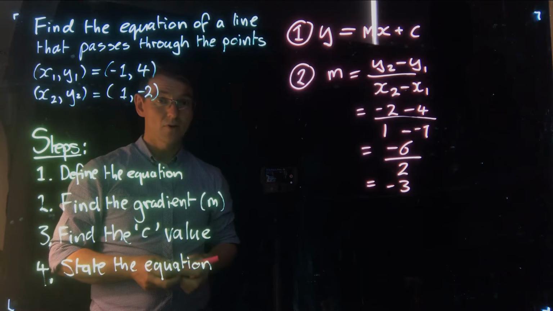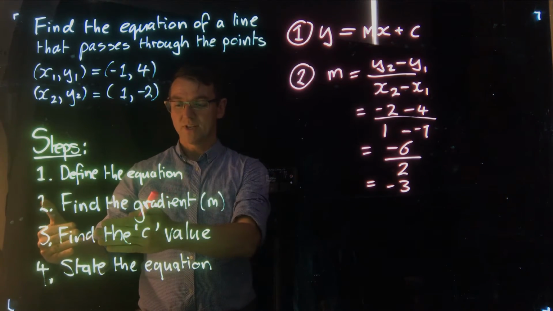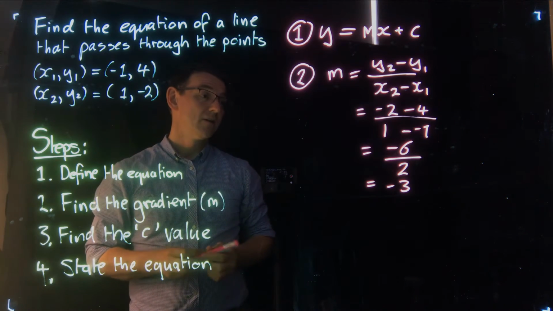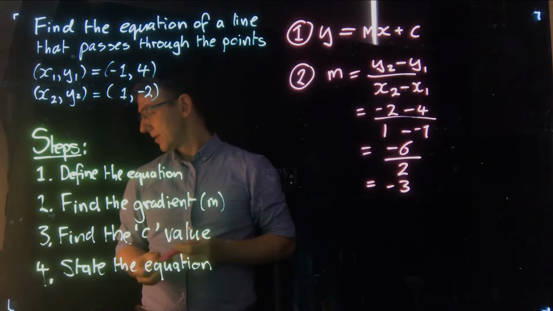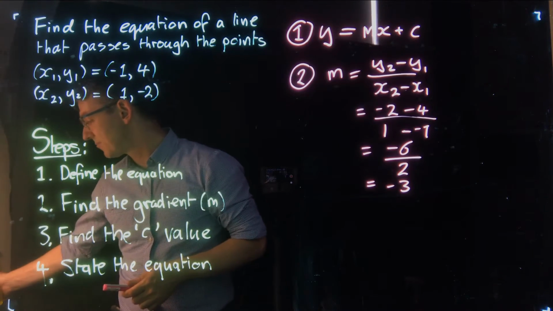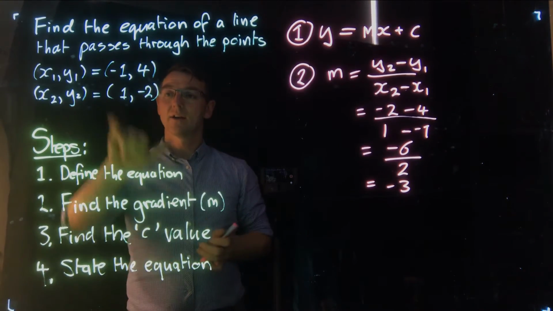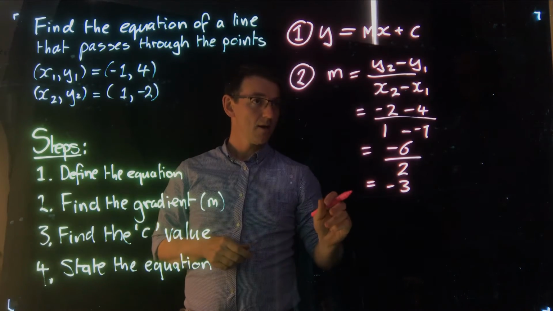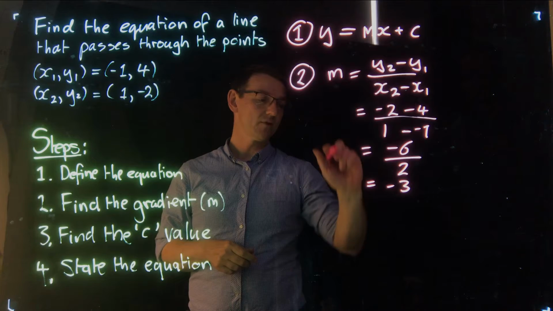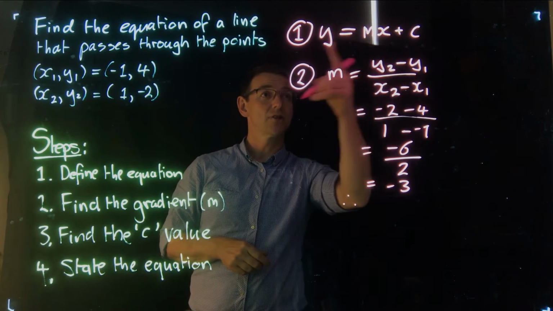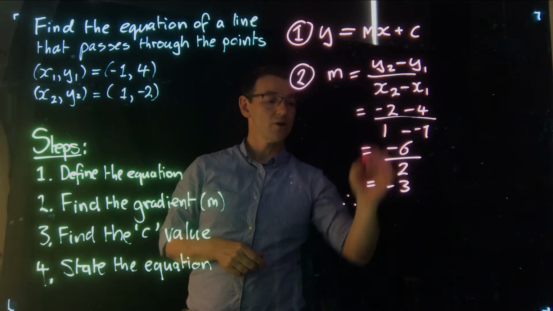Let's have a look a little bit further. It says here, find the c value. So what is our strategy for finding this c value? Well, we've got a set of points up here, but actually let's have a quick look at where we left off with the gradient. We're partially there, so let's put that m value back into our equation.